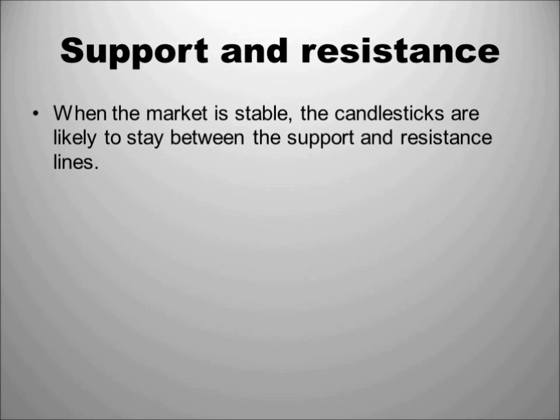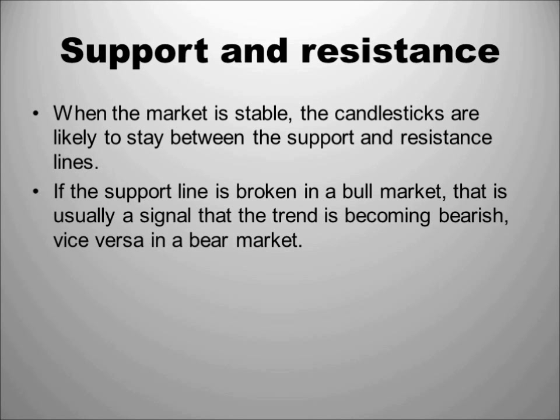Interesting, isn't it? Now, when the market is stable, the candlesticks are more likely to stay between the lines of support and resistance. Only when it's volatile, the lines can be broken.